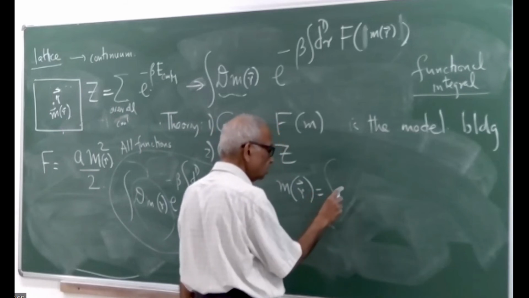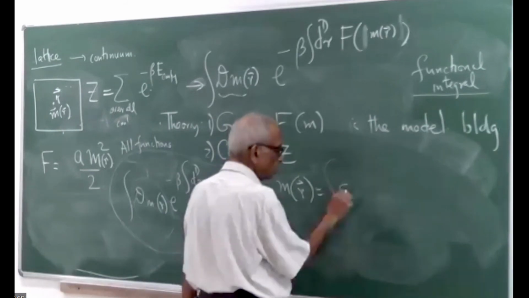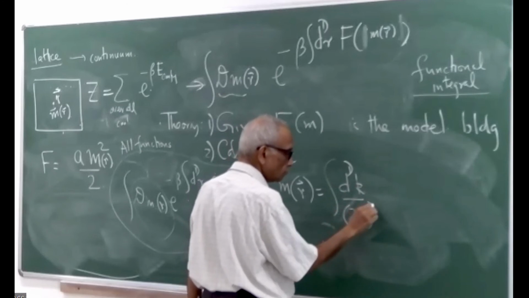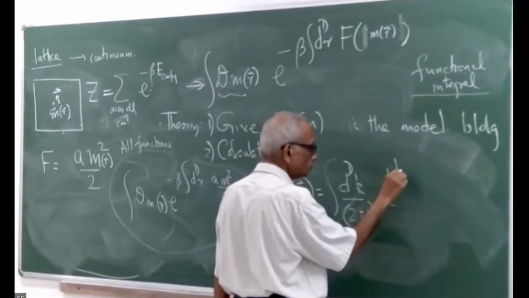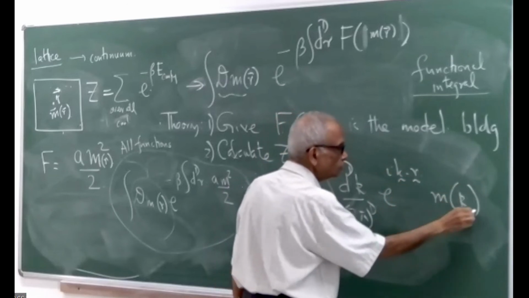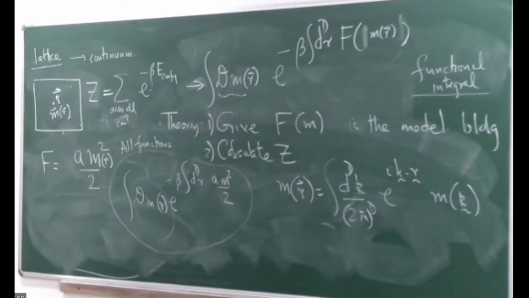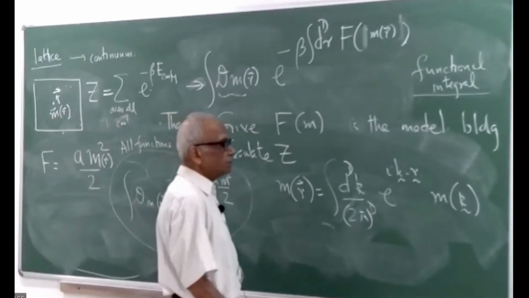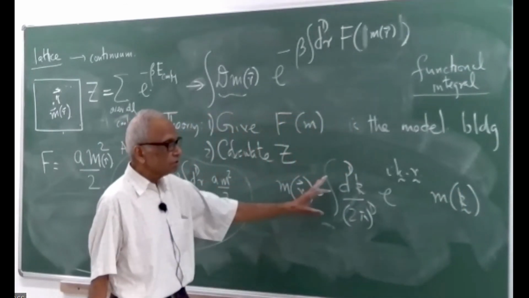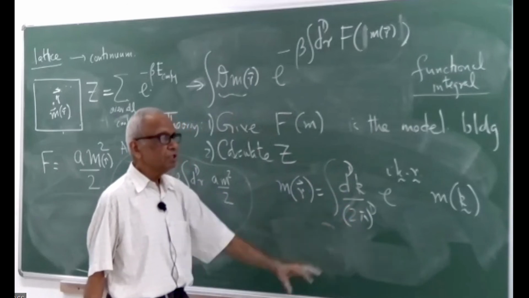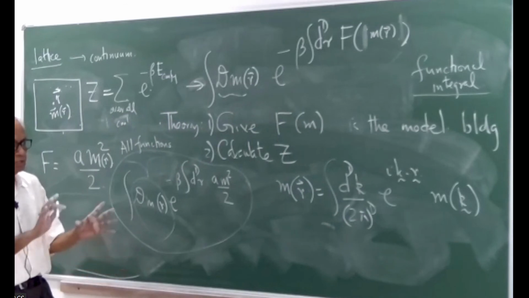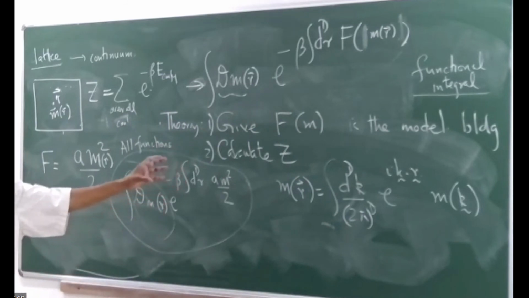So in d-dimensional space, m of r can be written in terms of its Fourier transform m of k as the integral d^d k over (2 pi)^d, the prescription over all k, e to the power i k dot r m of k.